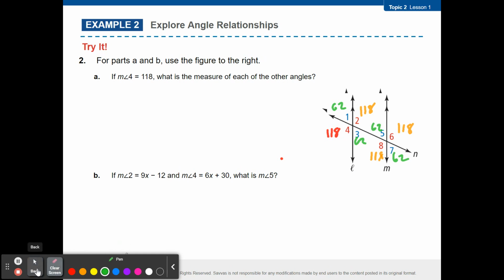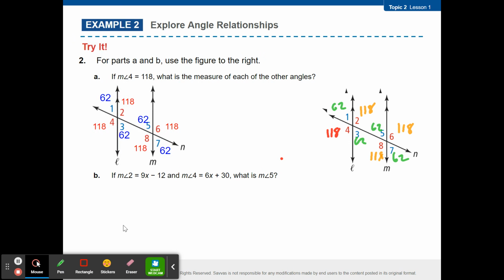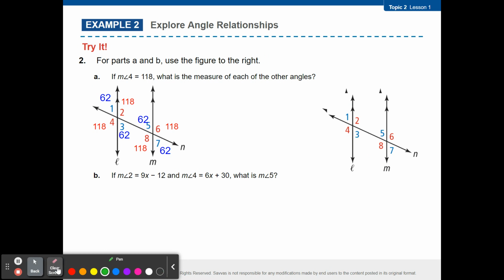So if you want a clearer picture than Mrs. Smith's sloppy handwriting, there it is. Okay, questions on that? Let's take a look at letter B. It says, if the measure of angle 2 is 9x minus 12, and the measure of angle 4 is 6x plus 30, find the measure of angle 5.